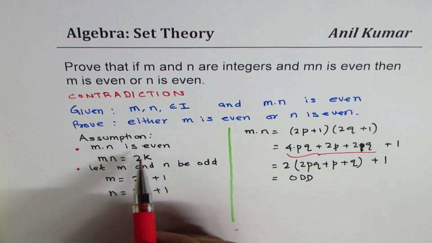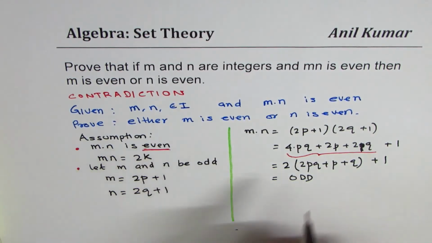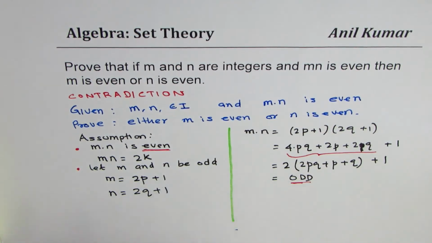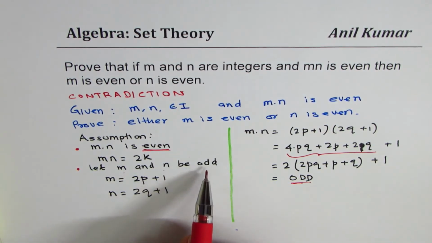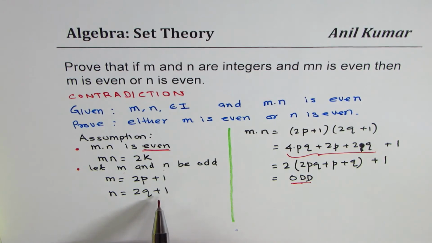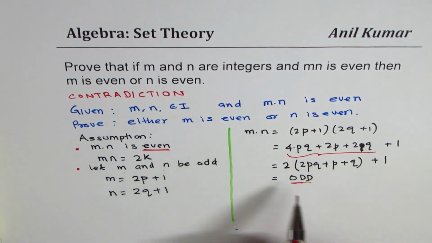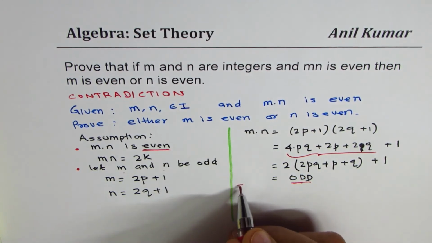We started with an assumption that it has to be even. Is it okay? But what we found is, if we assume m and n to be odd, not even, then their product is odd. So that contradicts.